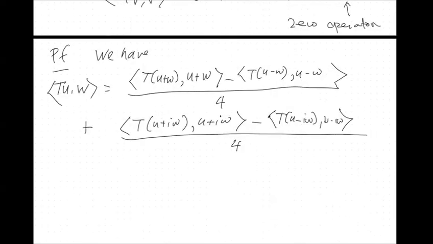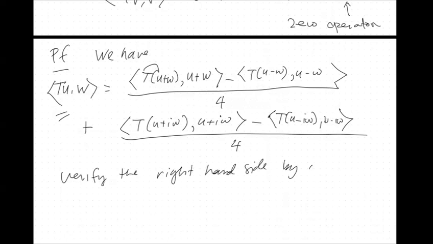You can check that this and this, if you distribute this, what you will get is T u w over 2, and here you get T u w over 2 also, and you get this after computation. So verify the right hand side by computation.